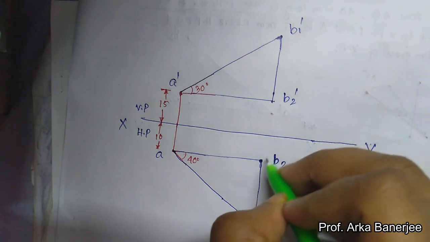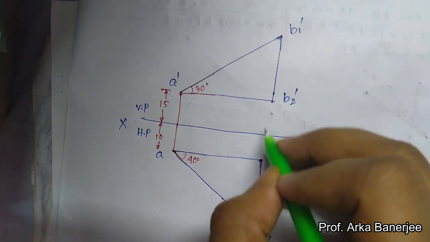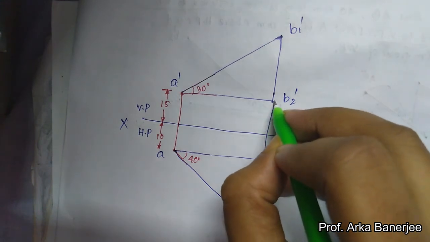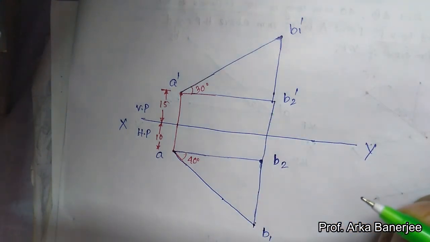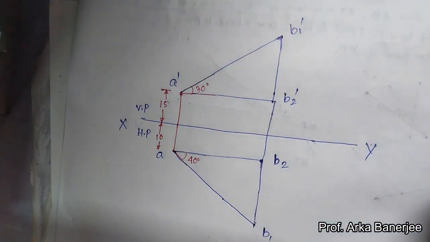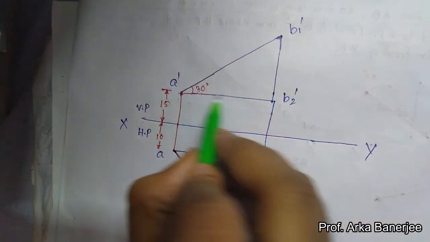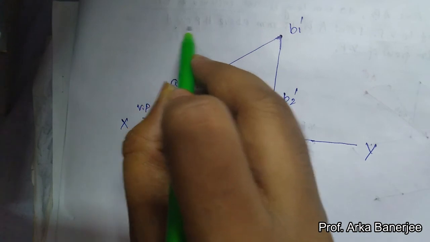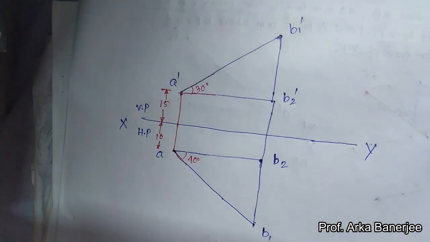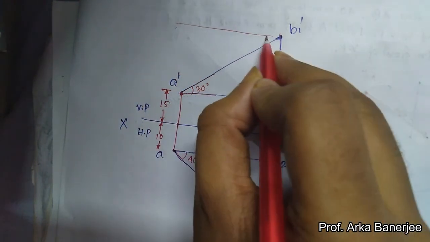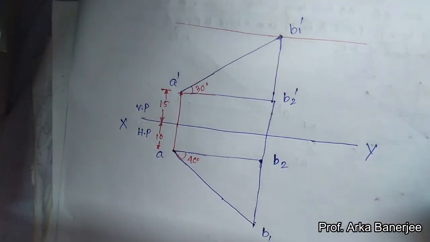Now obviously then you need to extend it. So you extend the line up to here, but it may or may not match. Then you draw one horizontal line here on this level, another horizontal line here.